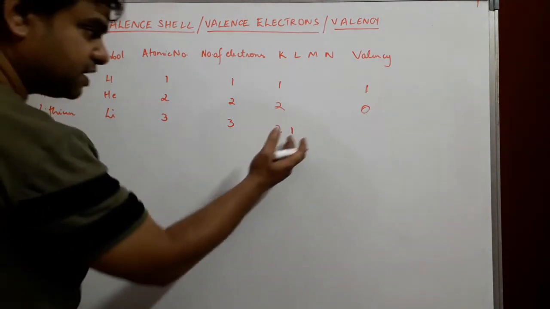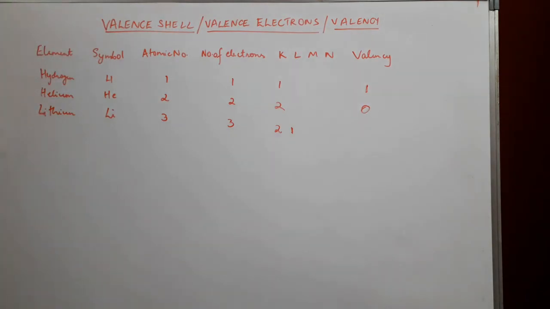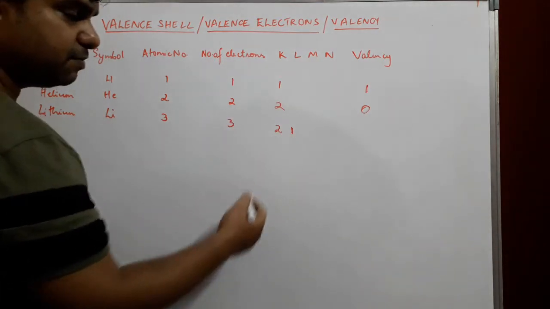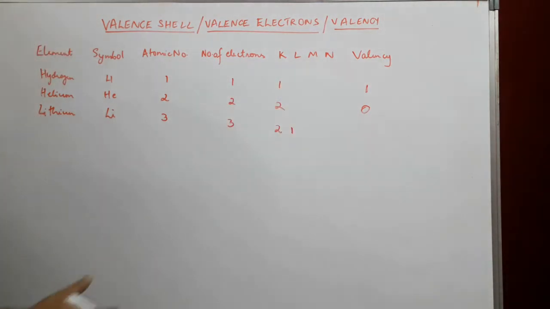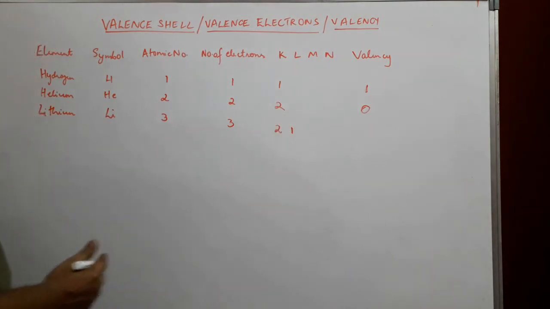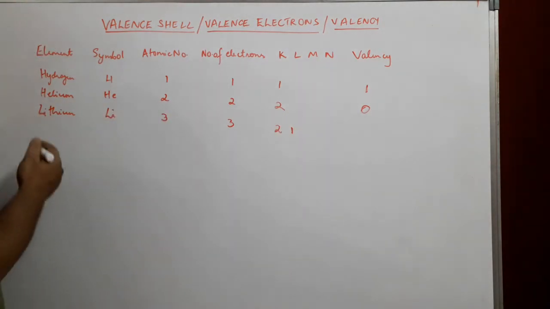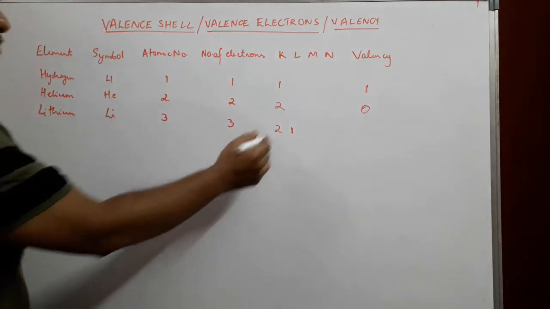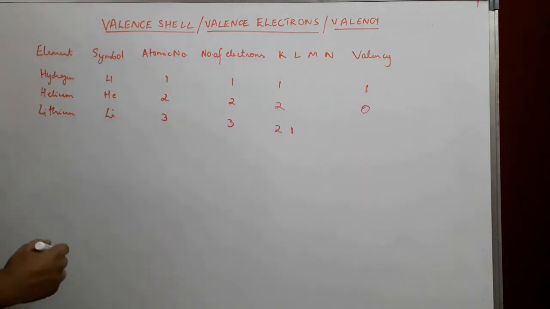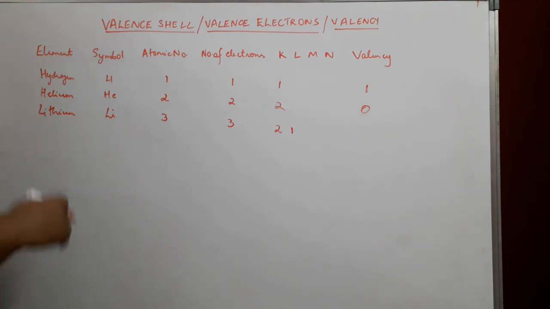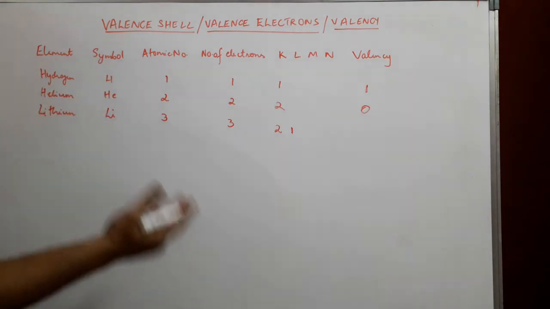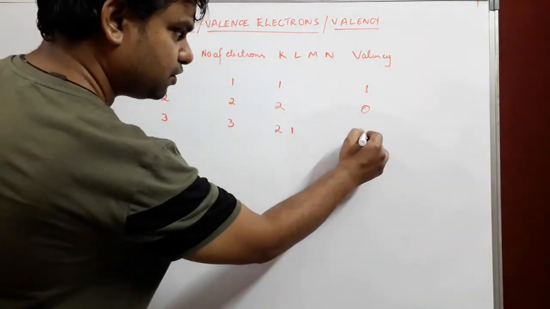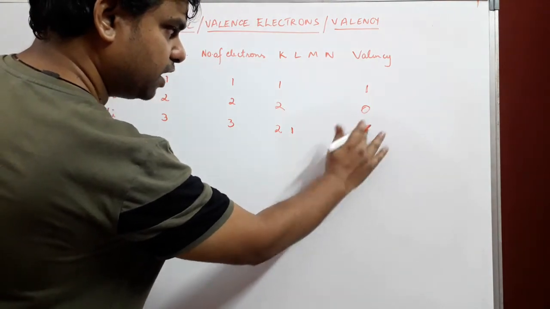Now to gain 7 electrons is very difficult, and the nucleus basically won't be able to hold on to the 7 electrons even if they are given to lithium. So the tendency of lithium is to lose this 1 electron, and as we know valency is the ability of an atom to lose or gain electrons. So if it can lose 1 electron, that means the valency of lithium will be 1.